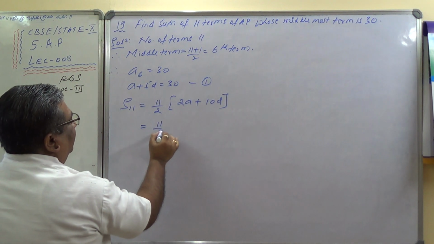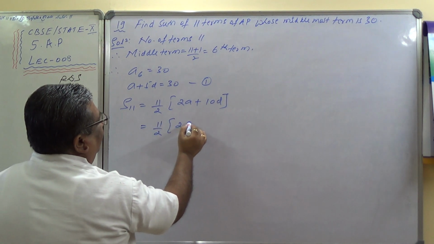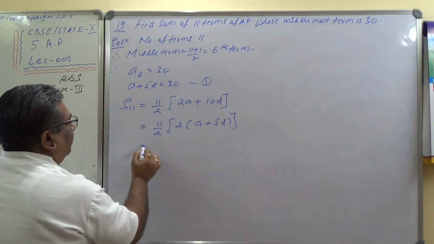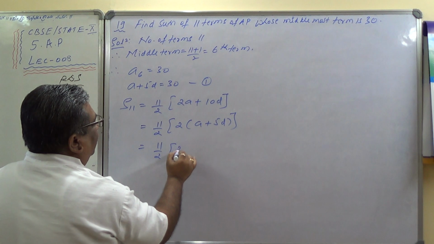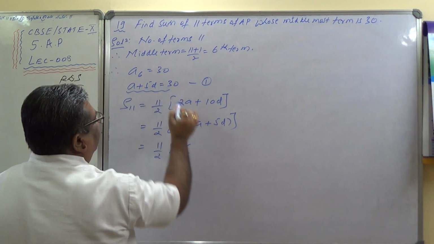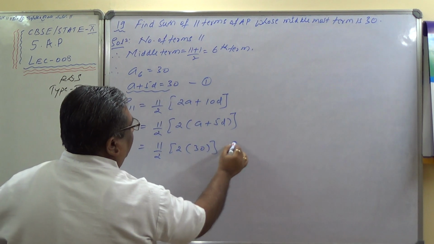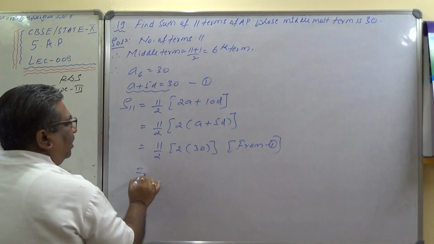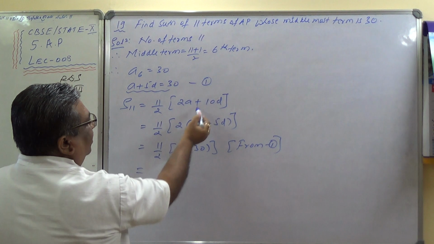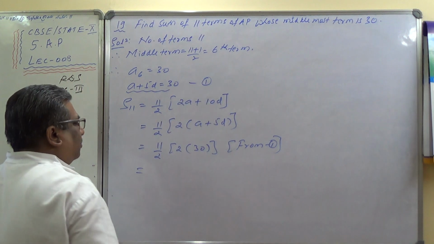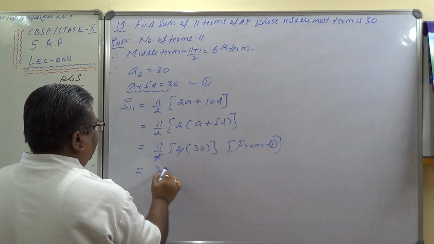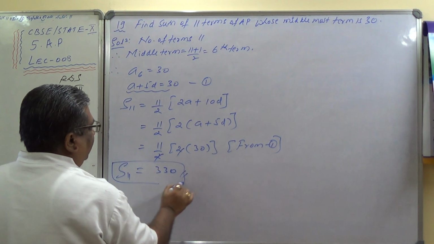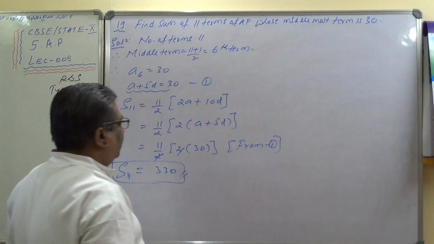Take 2 common, and you get 11 by 2 into 2 times A plus 5D. What is A plus 5D? It is 30. Substituting it, the 2 cancels. So S11 equals 330, 11 times 30. Note down.